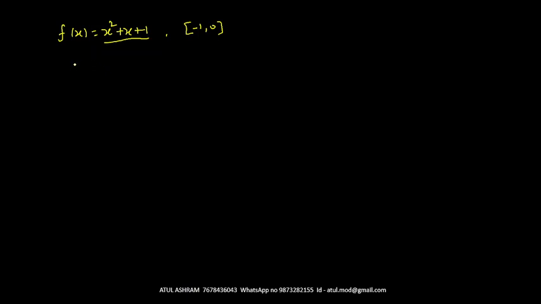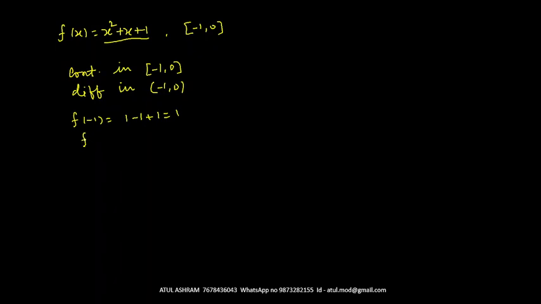Fine. So this f is continuous in the closed interval -1 to 0, also differentiable in the open interval -1 to 0, and f of -1 is equal to 1 minus 1 plus 1, that is 1, and f of 0 is also equal to 1.